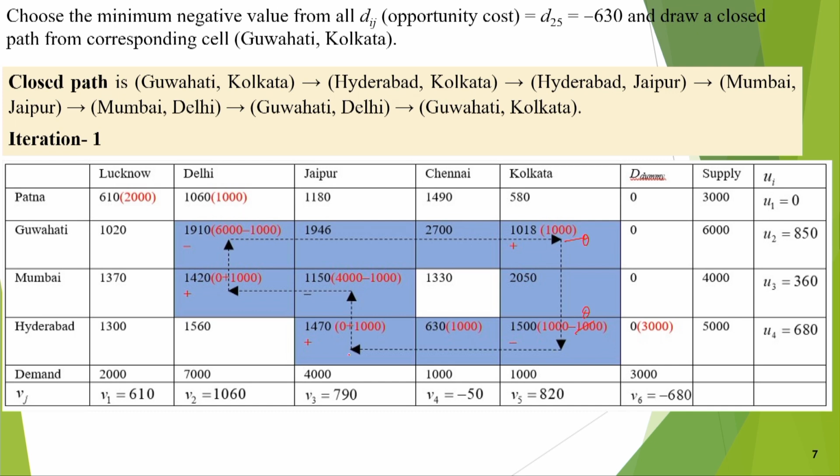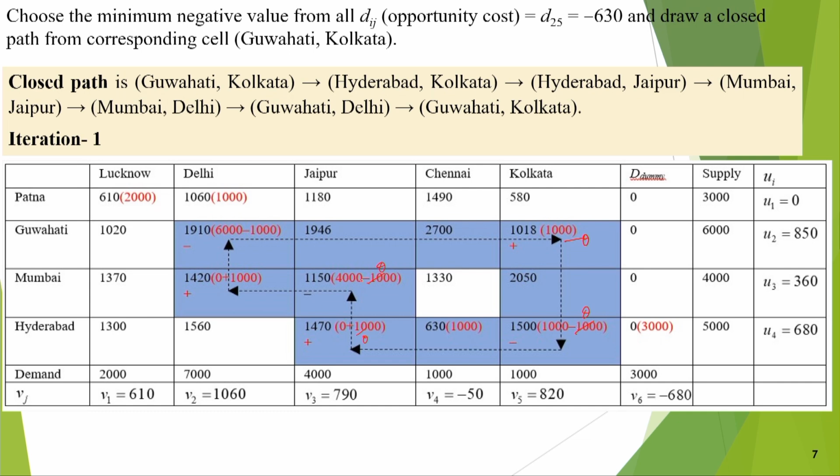So that means you can go horizontally towards the left-hand side. You came up to this cell where it is filled and here 0 was allocated. So you say 0 plus theta. I am telling right now theta only. Then you go vertically up and here say 4000 was allocated. So you say 4000 minus theta. You keep doing plus and minus alternately. That means in the same line, either horizontal or vertical, if one is plus, the other will be minus.